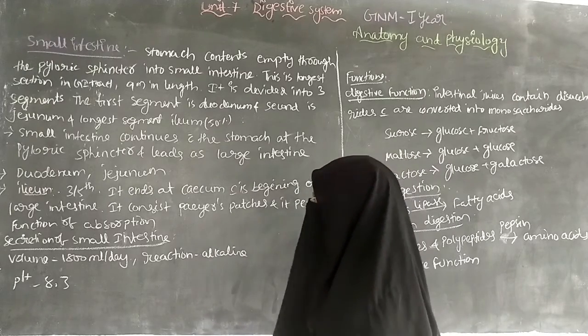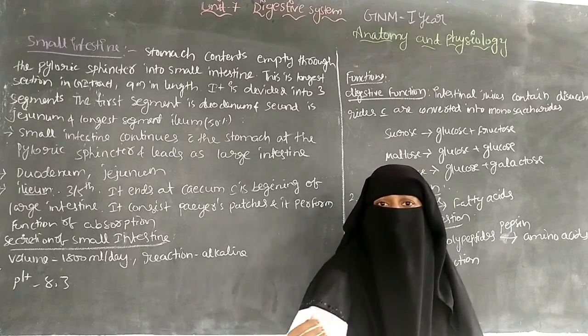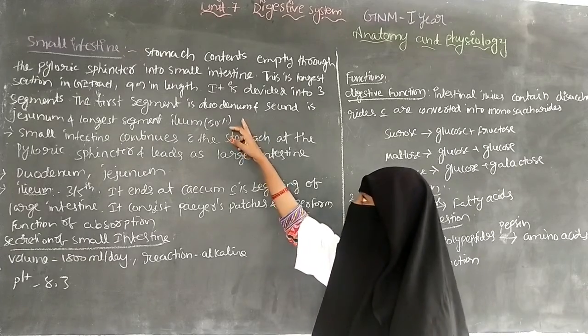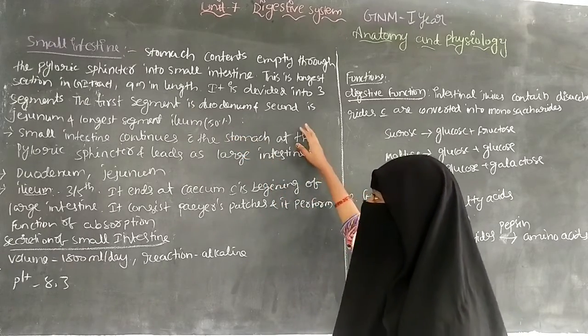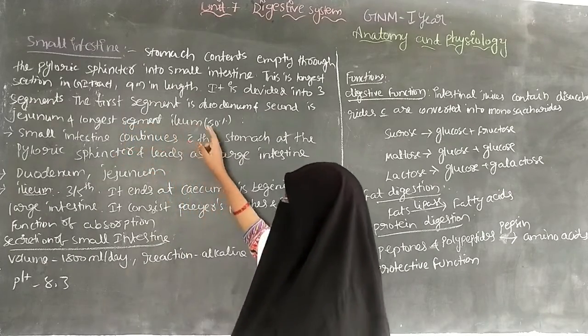It is divided into 3 segments: the first segment is the duodenum, the second one is the jejunum, and the longest one is the ileum.